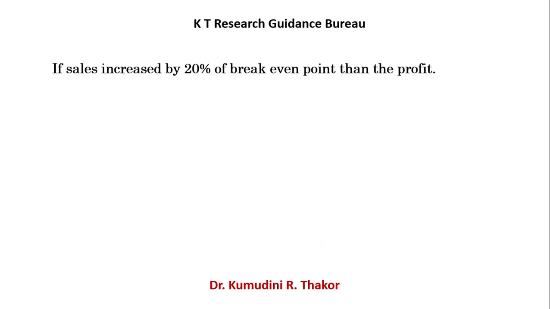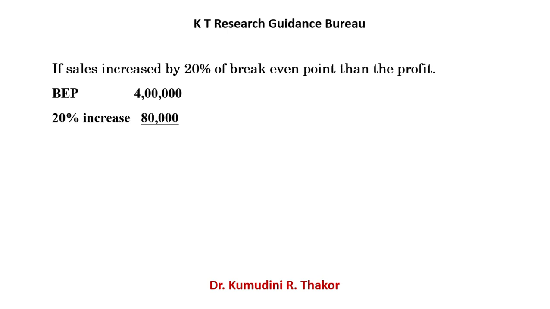Now, if your sales increased by 20% of break-even point, then your profit. BEP is 4 lakhs, increased 20%. In this sum, keep in mind your sales increased by 20% of break-even point, not of total sales.